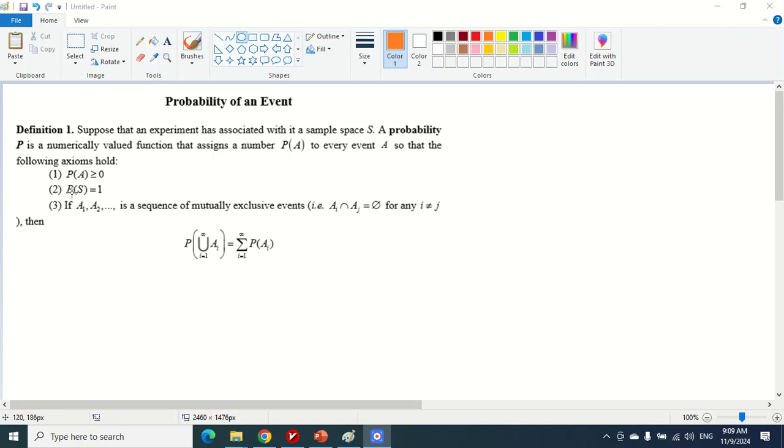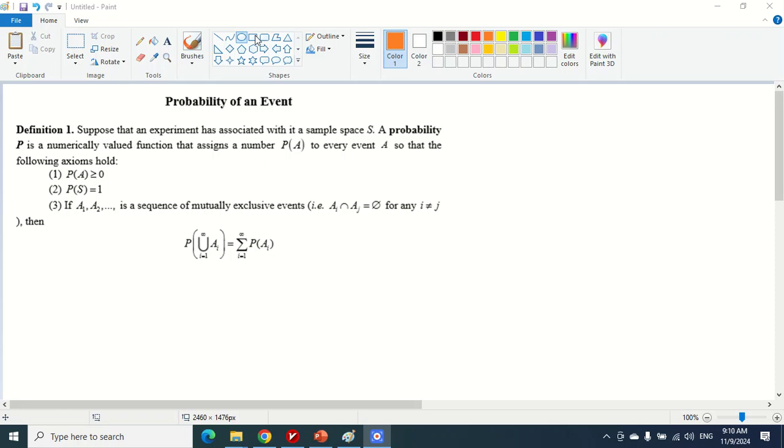The probability of the whole space, or the sample space, is equal to 1. And if A1, A2, up to Ak, for instance, is a sequence of mutually exclusive events, meaning that there is no intersection between them, then the probability of their union is the same as the summation of their probabilities.